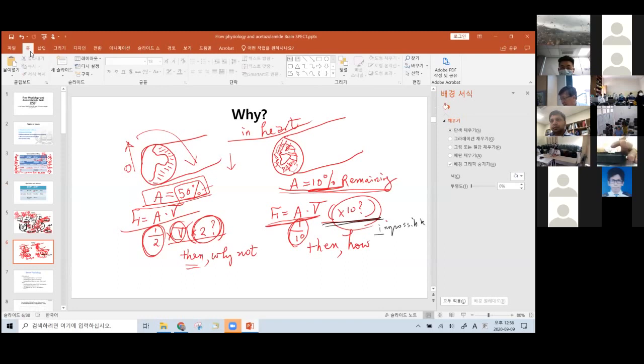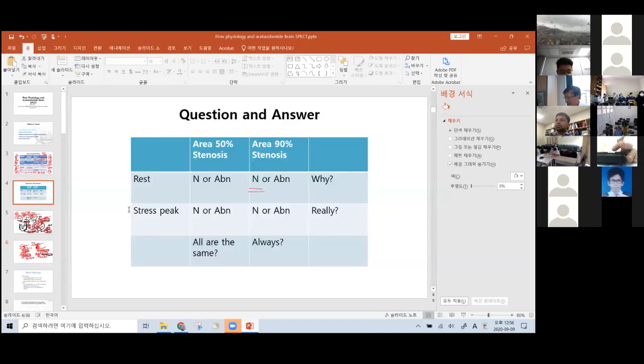Is it possible? You said 10 times velocity increase is impossible. However, based on your other knowledge, with 90% area stenosis at rest, myocardial MIBI uptake is normal, correct? Yes. Then it is kind of paradoxical.